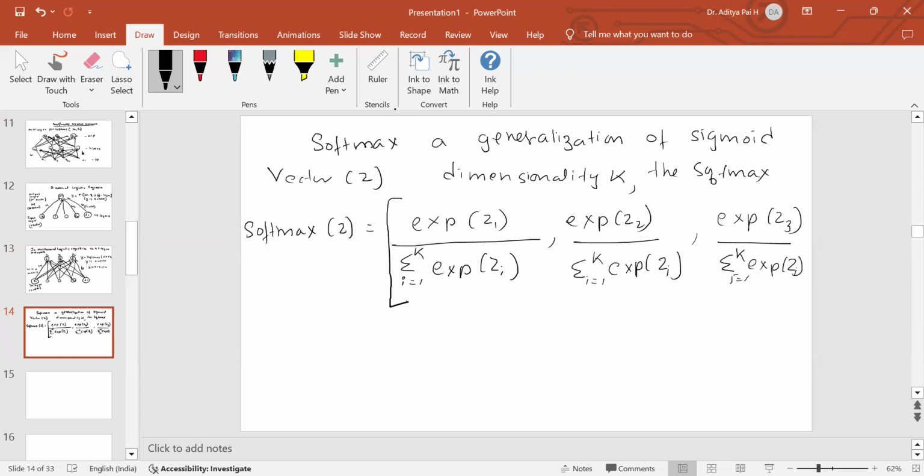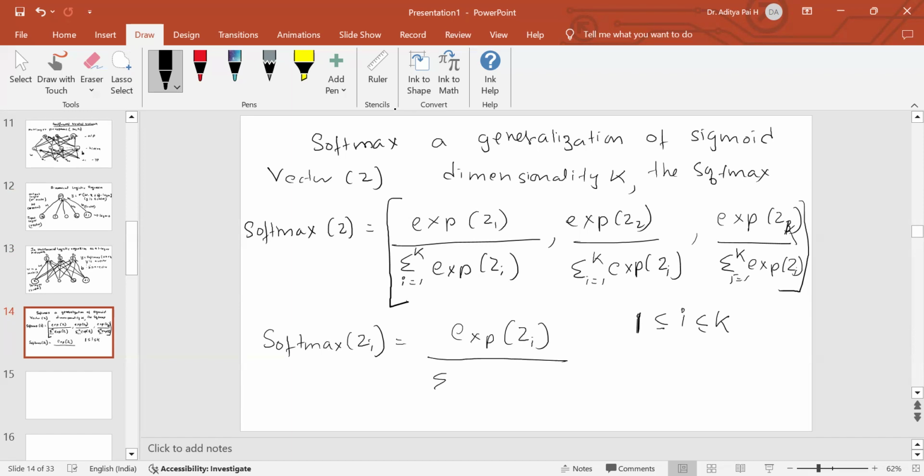So what you can see here is the softmax for the ith element; instead of writing this for each, you can write it as exponential zi, because z1, z2, z3 up till zk, divided by the summation of j equal to 1 to k exponential z of j.